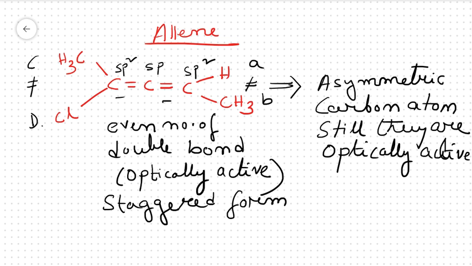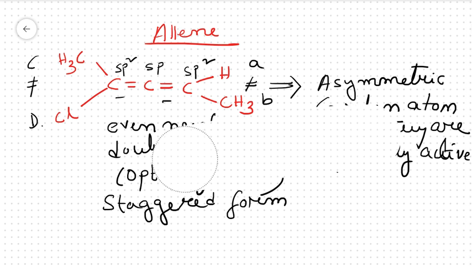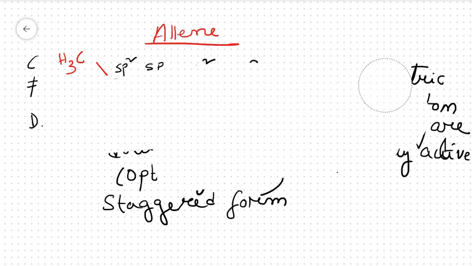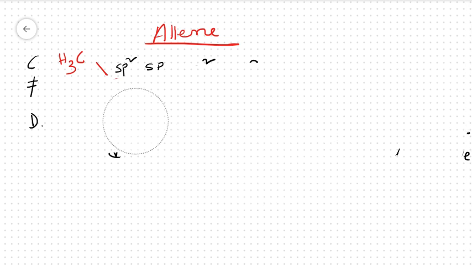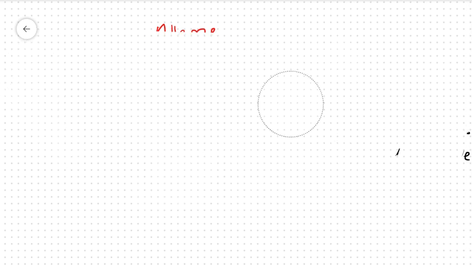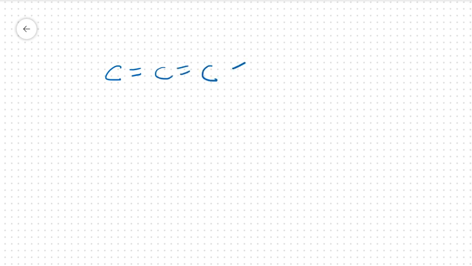So before configuring them, let me talk about if the allene has an odd number of double bonds. If it has an odd number of double bonds, then what will you do? Okay, so allene with an odd number, let us start with C like this.